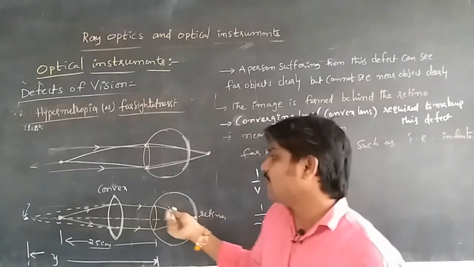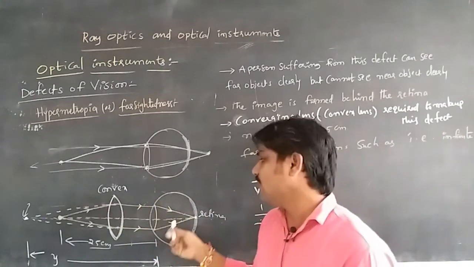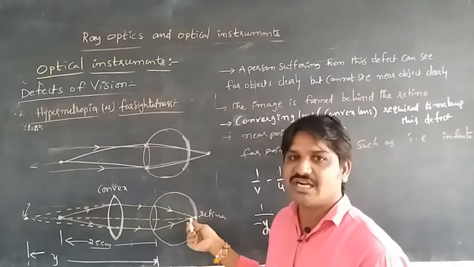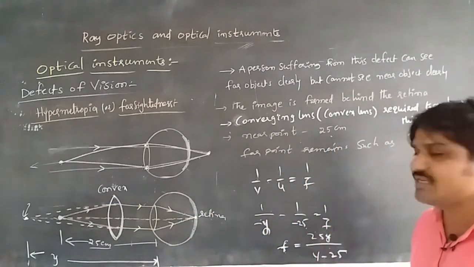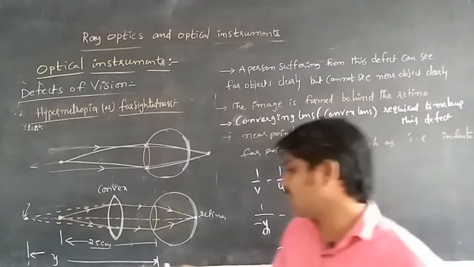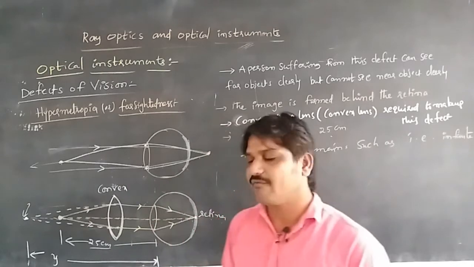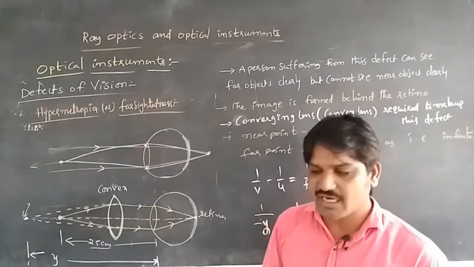By using a suitable focal length of convex or converging lens we can rectify this defect, with the near point at 25 centimeters and the far point remaining at infinity. By using the convex lens we can rectify hypermetropia.